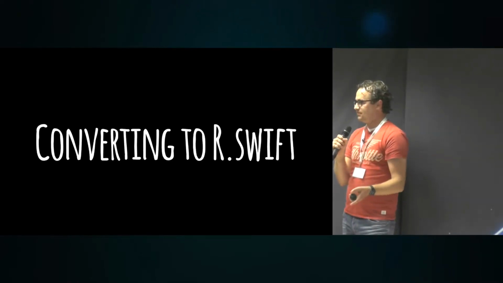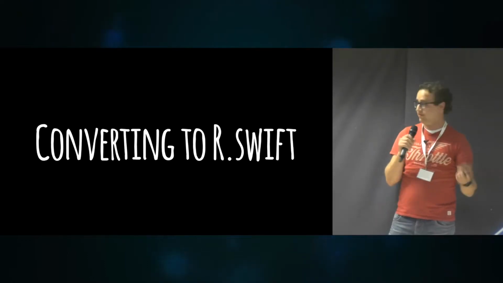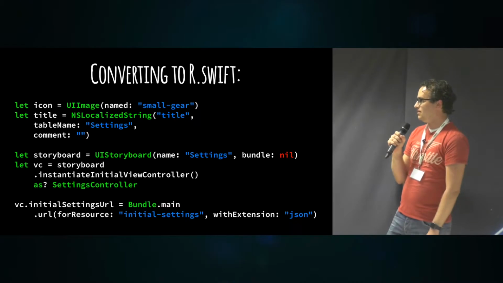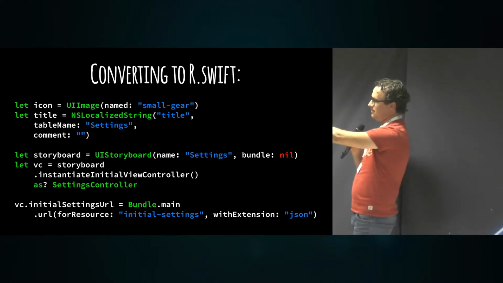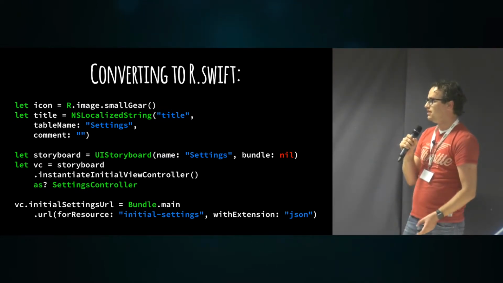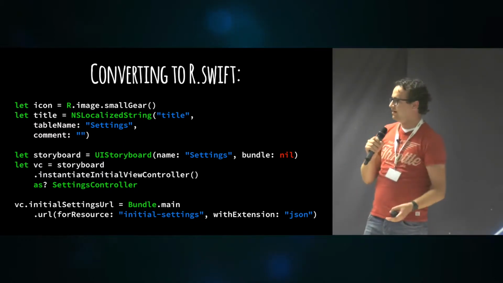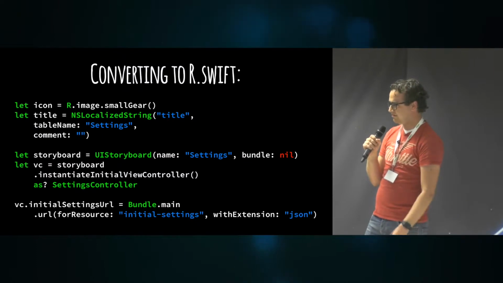So let's refactor the code we just saw on the slide to the R.Swift style code we then also could use. So here's the code again. Now, first let's change the UIImage on top to the R.Swift style. R.Swift generates the same kind of structure as the Android R does.